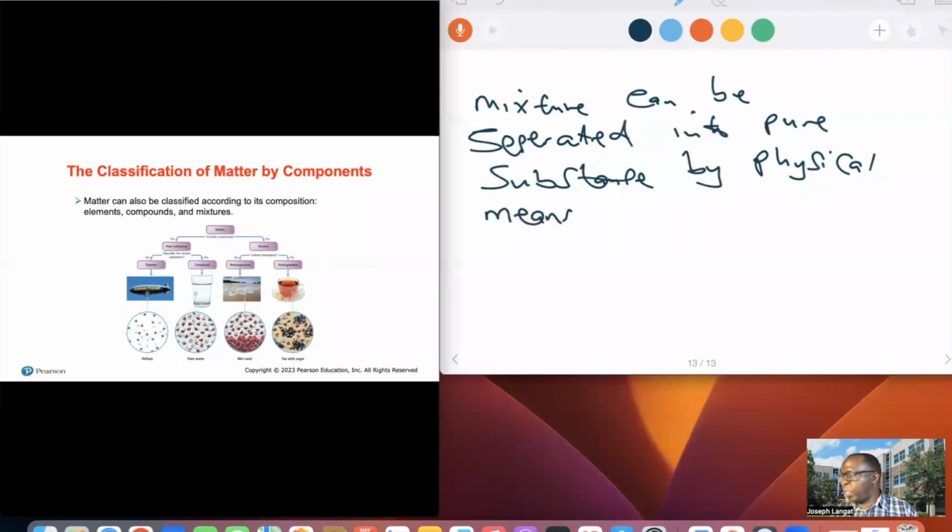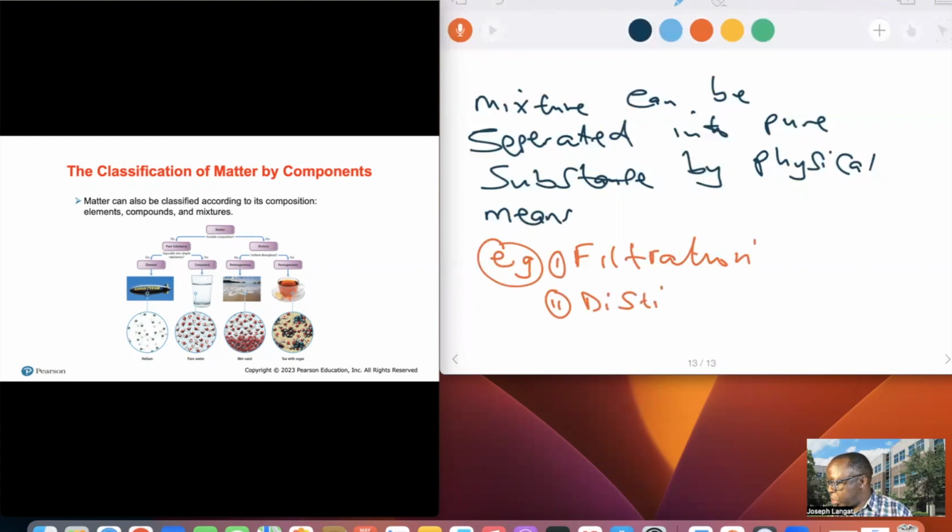One example is filtration. We will talk about this. You can separate a mixture into pure substances by physical means: filtration, distillation.